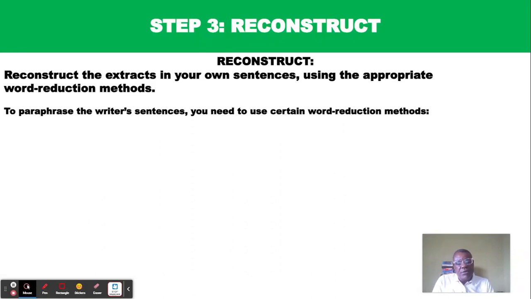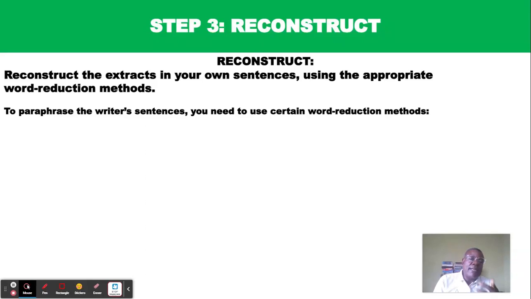I have a video uploaded on summary writing techniques, covering various methods of reducing words. So you can look for that particular video, and it gives you a detailed explanation of how to reduce words.